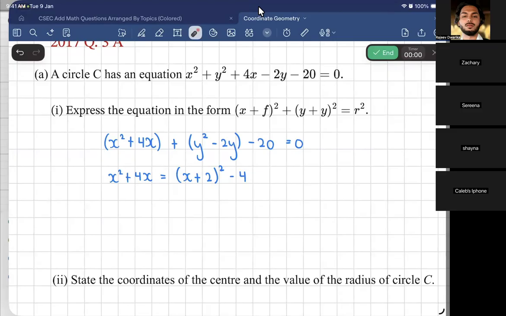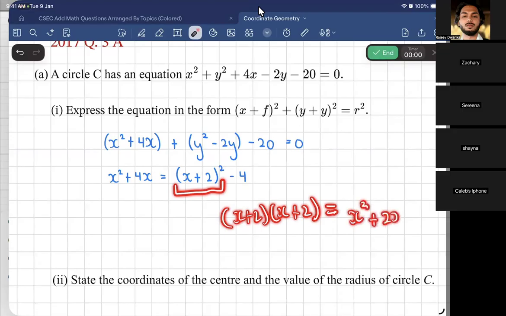So Caleb, if you expand this, that means x plus 2 by x plus 2, you agree? Yes, sir. What are you going to end up with when you expand that out? x squared plus 2x plus 2x plus 4.